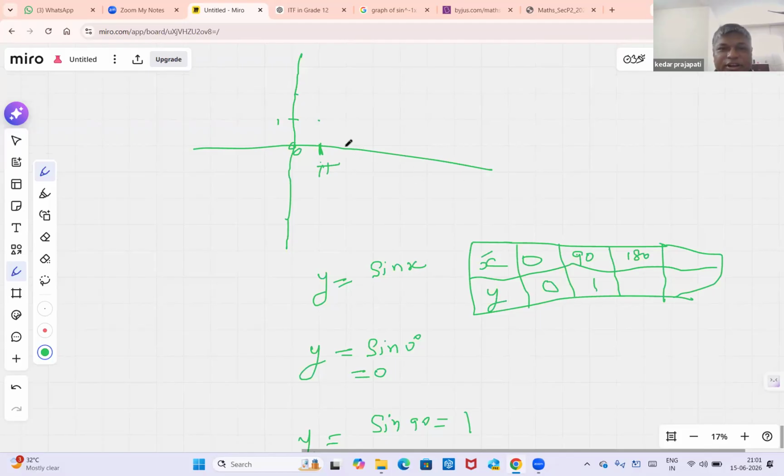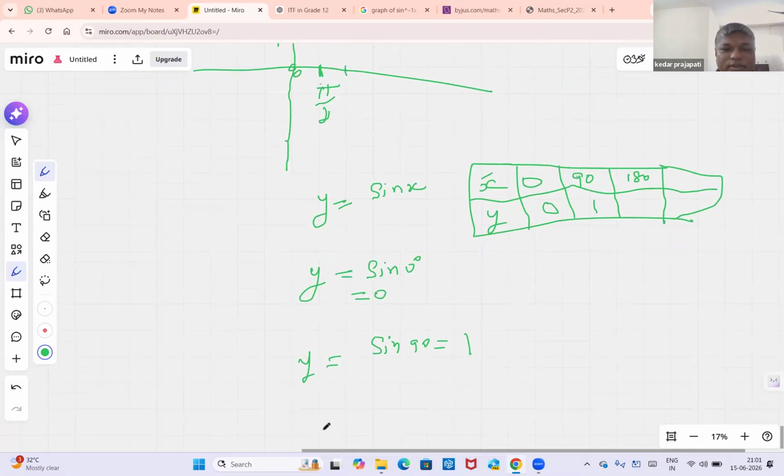This is pi by 2, 90 degrees, and here will be pi.